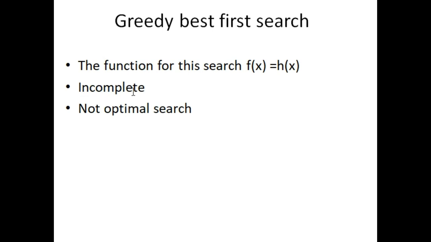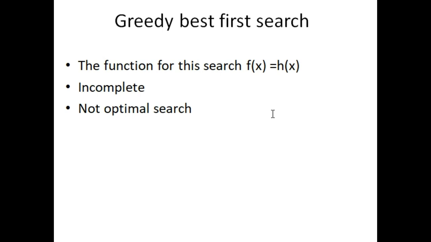So it will not give any surety to find a goal if there is a goal in the search space. It is also not an optimal search technique if there are multiple paths. So it will not return the path which has the lowest cost among all the paths from the initial state to the goal state. So the function of this search technique is h of x.